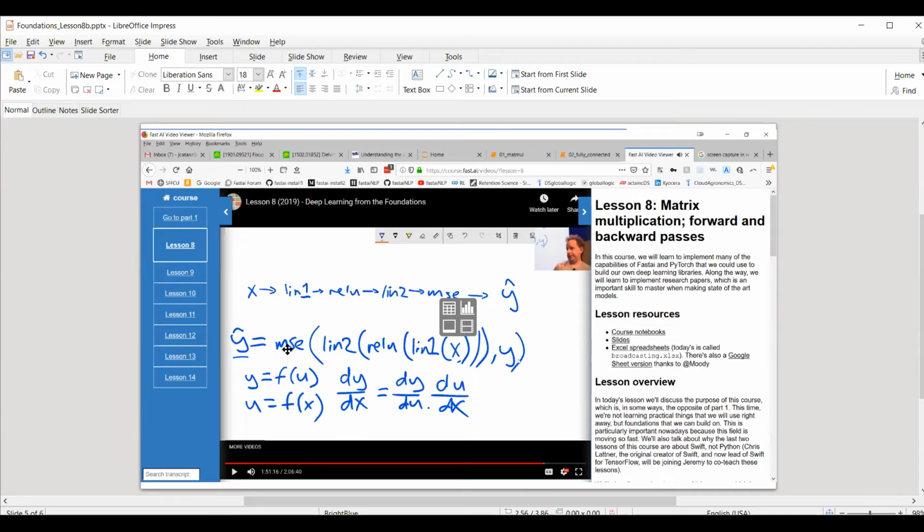So it's a deep composite function, and the chain rule tells us we can take the derivative with respect to any of the parameters. What you'd actually do is take the derivative of MSE with respect to lin2, that would be dy dx.